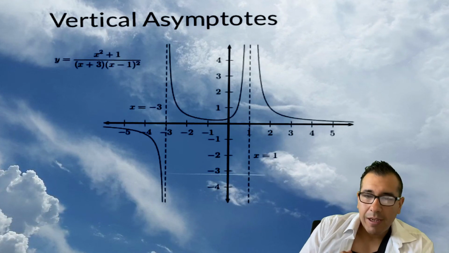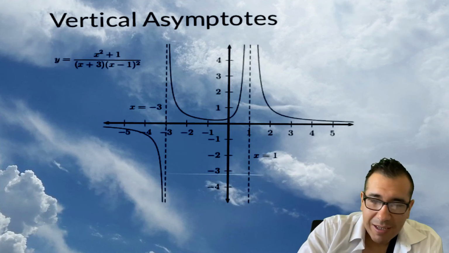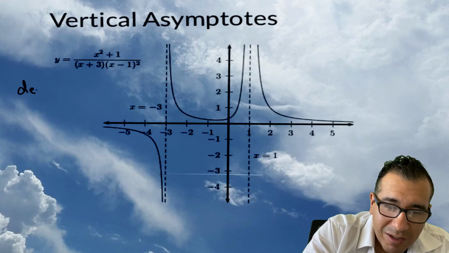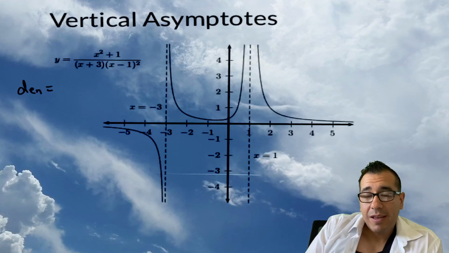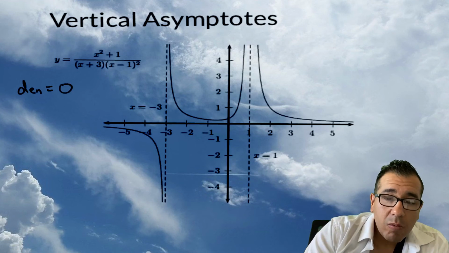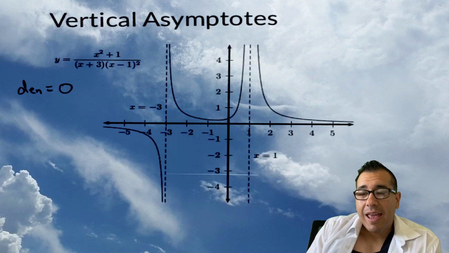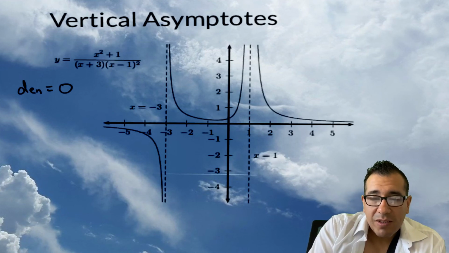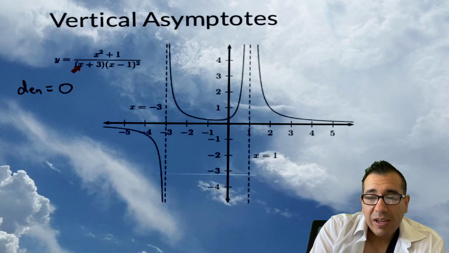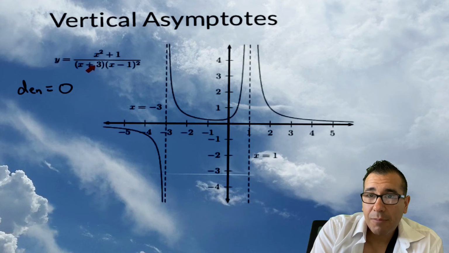So here's the big idea. What you're going to do, and write this down, is set your denominators, whether it's one or many, equal to 0. We always set the denominators equal to 0. By doing this, we're looking to see what number I can plug in here that's going to give me a 0 in the denominator.